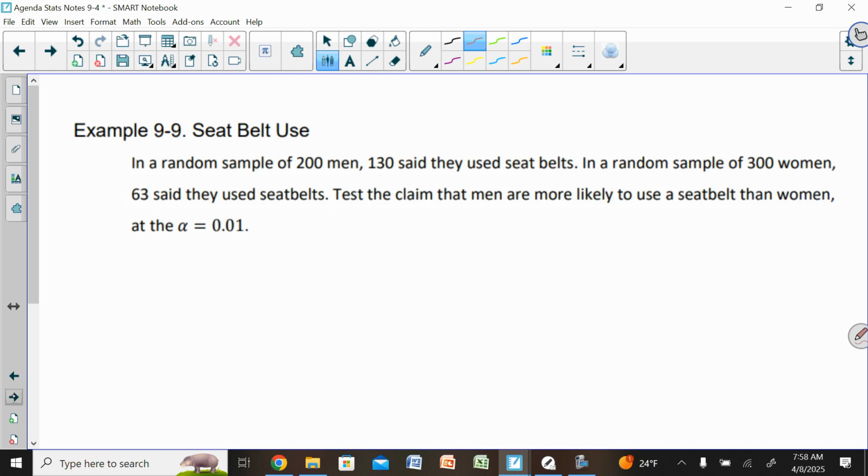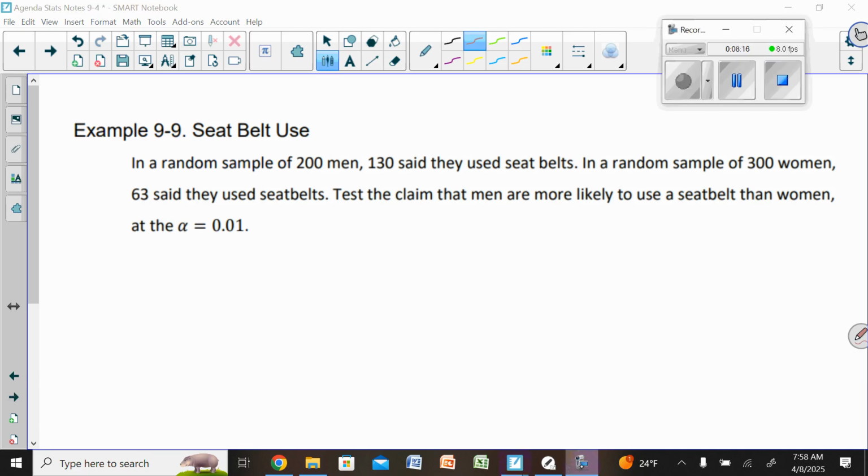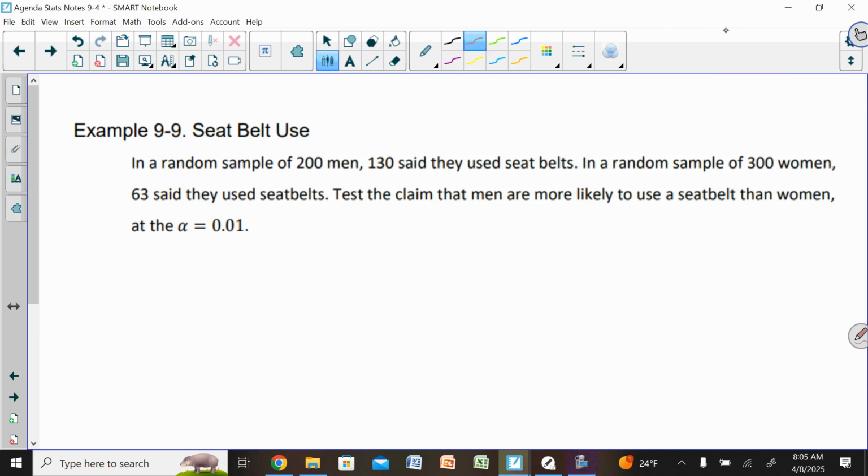Let's talk about seatbelt use. In a random sample of 200 men, 130 said that they used seatbelts. So that would be our information for sample 1. So let's make this sample 1.